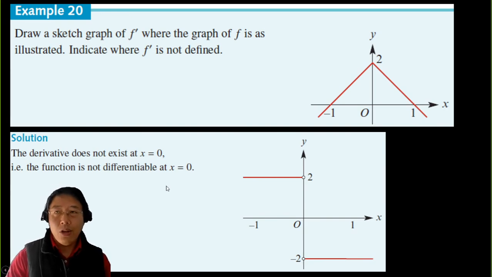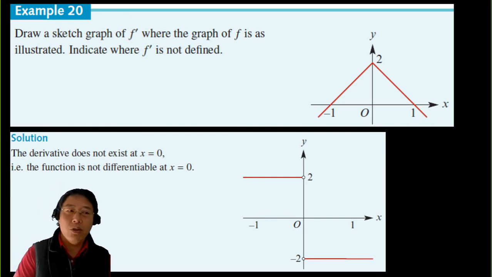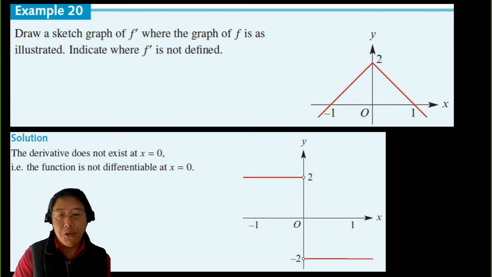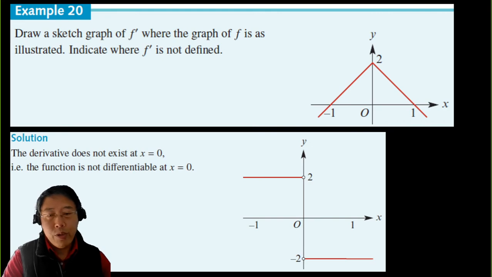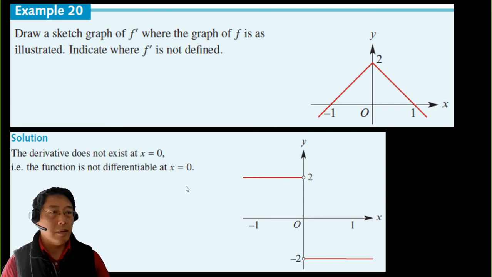Another way of saying it is the derivative is not continuous. Continuous means if you were to draw it with your pen, and because you have to go to negative 2, you lift your pen. The fact that you're lifting your pen means you're not continuous anymore. Does it make sense?